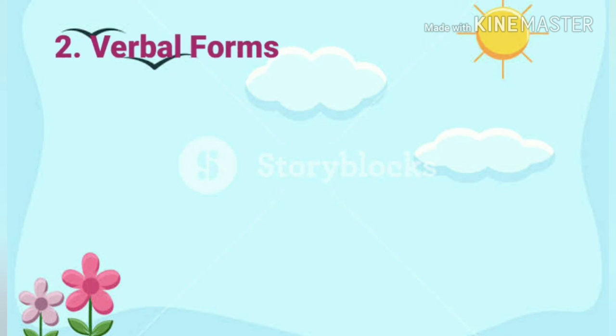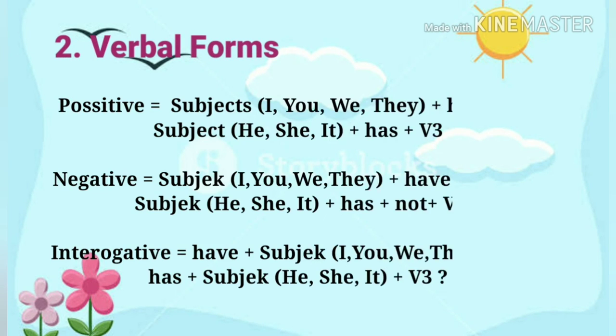Pattern: verbal form. Used for sentences that have a verb. The formulas for this verbal form are: positive, subject (I, you, they) plus have plus verb 3. Subject (he, she, it) plus has plus verb 3.